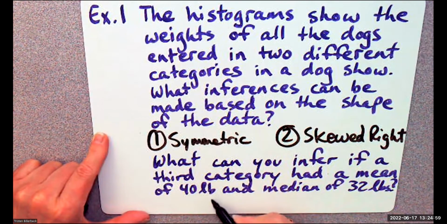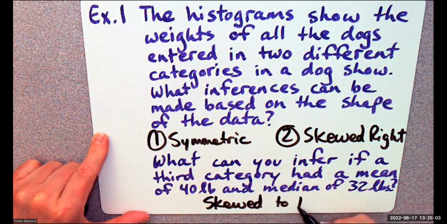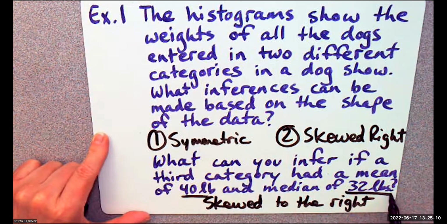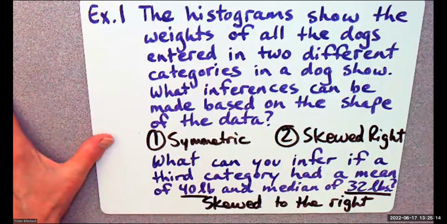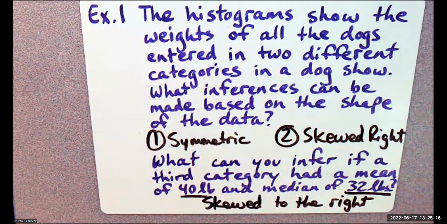And this would also be skewed to the right because the mean is greater than the median. It's on the right side of the median.